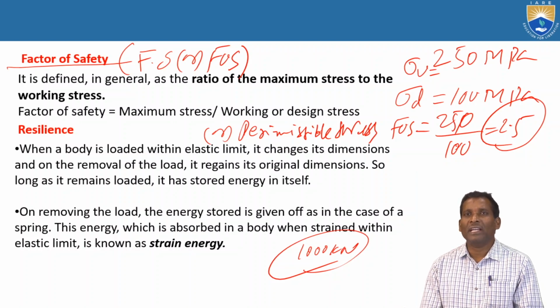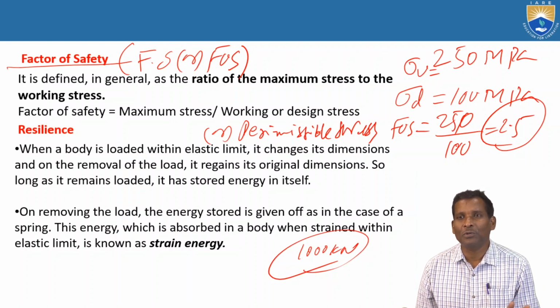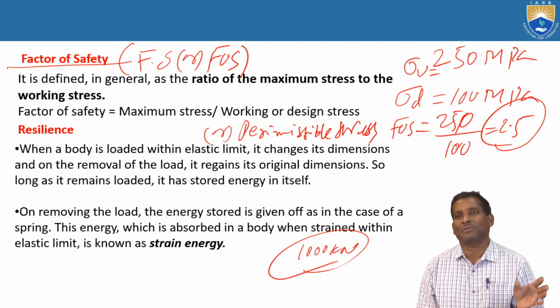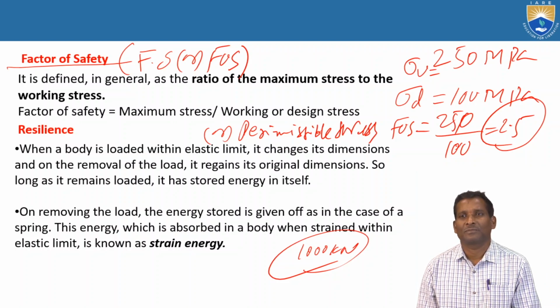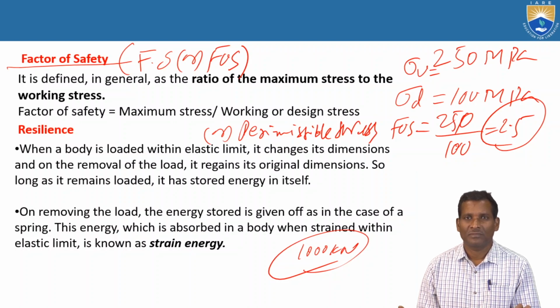To avoid these types of failures, we need to take the factor of safety. That's why the factor of safety value should always be more than 1, not less than 1. Clear?